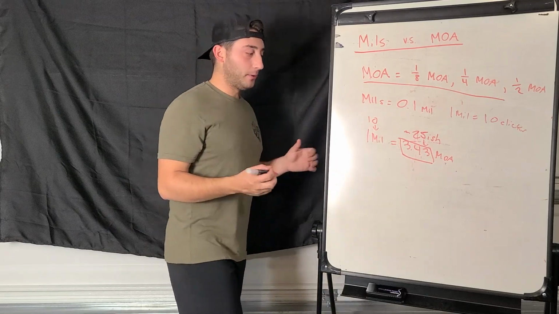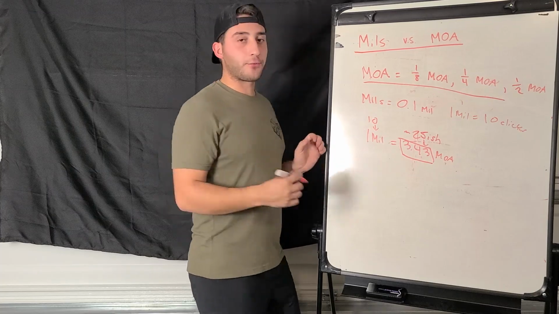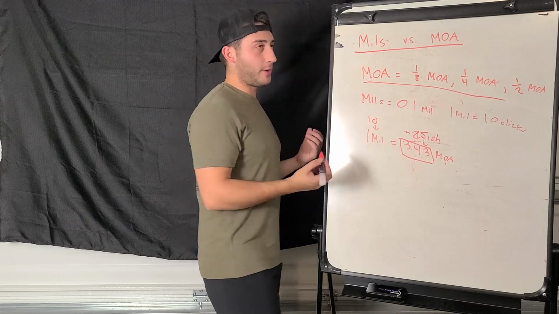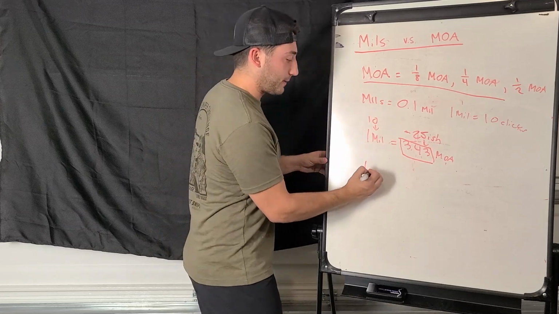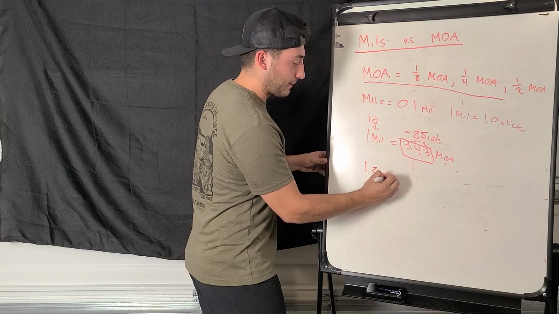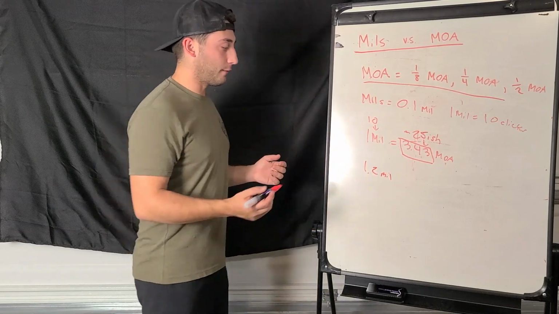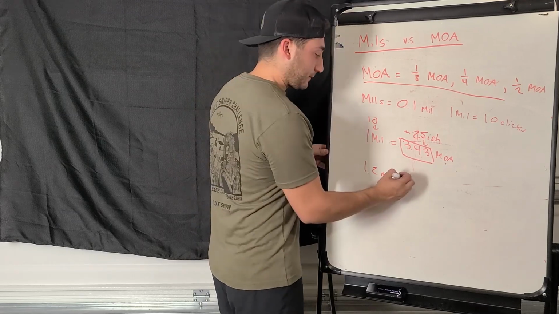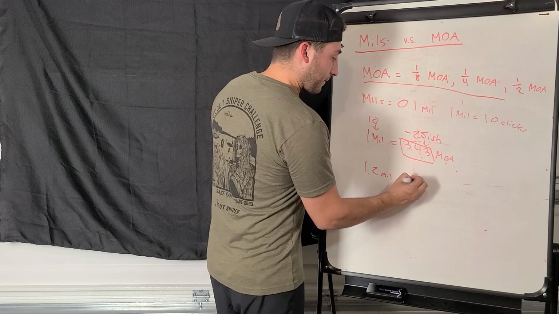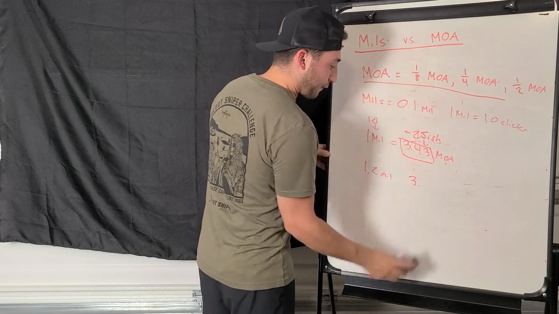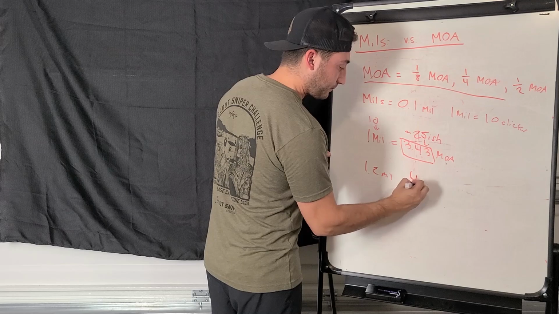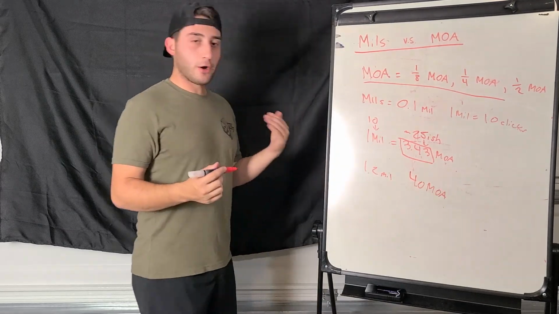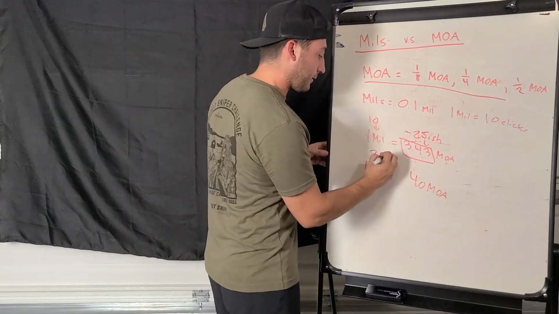So, for example, your average target at 300 yards, which is so close that you could pretty much throw a rock at it, for 308 is going to be 1.2 mils, right? Whereas if we were to convert that over to MOA, that's going to be more like 4 MOA, right? And then as we go farther and farther out, so that's for 300 yards.